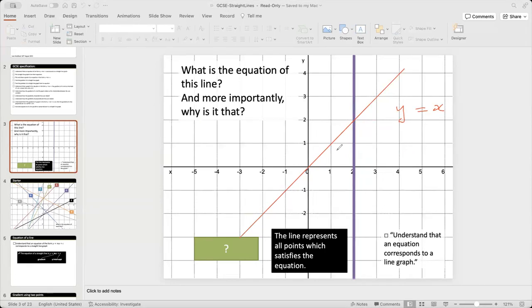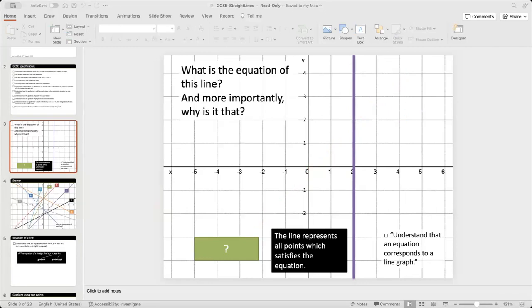The reason why y equals x is this: at any point in this graph, y is going to be equal to x. At any point in this graph, y is equal to x. That's why it's y equals x. So that's a simple equation that you might probably need to know.